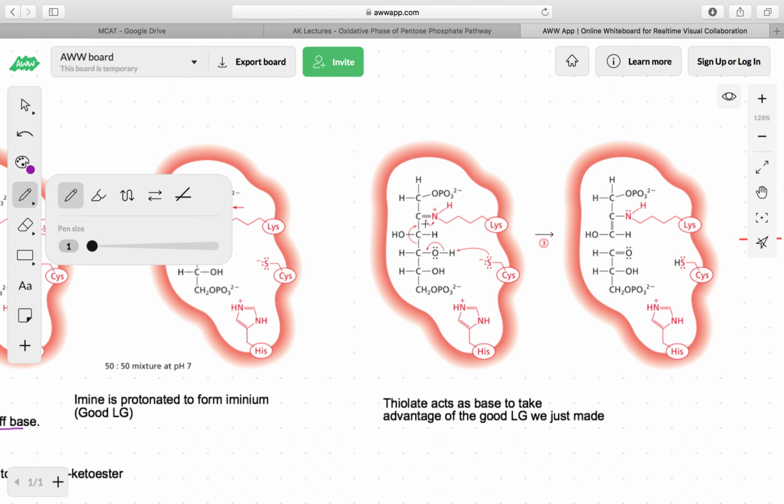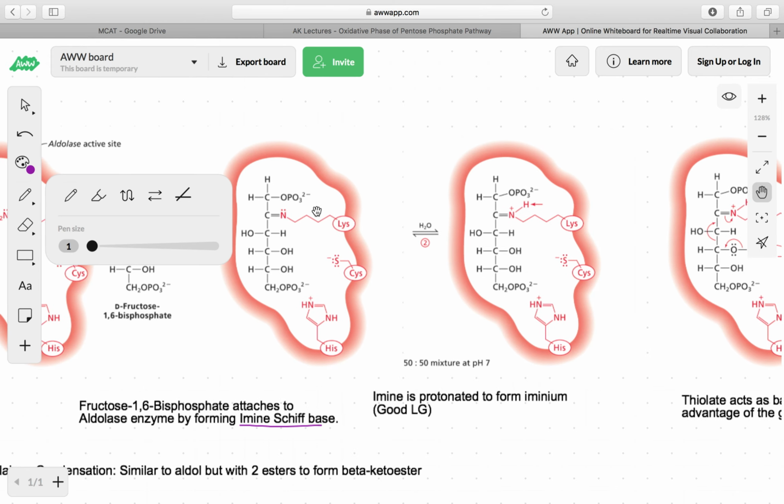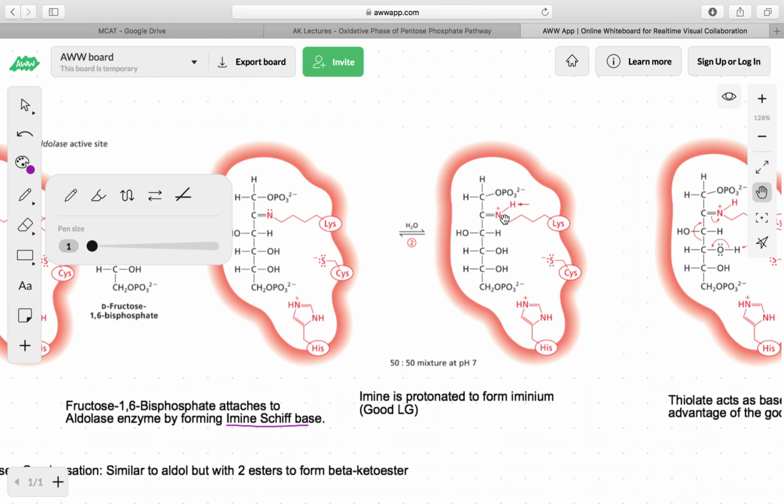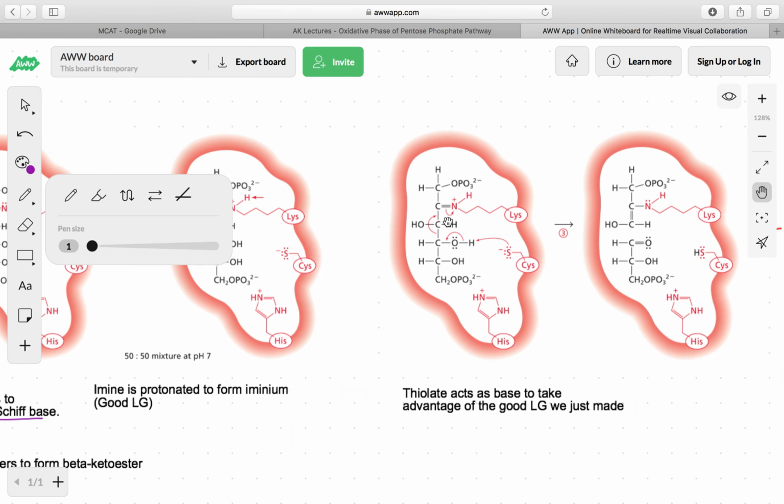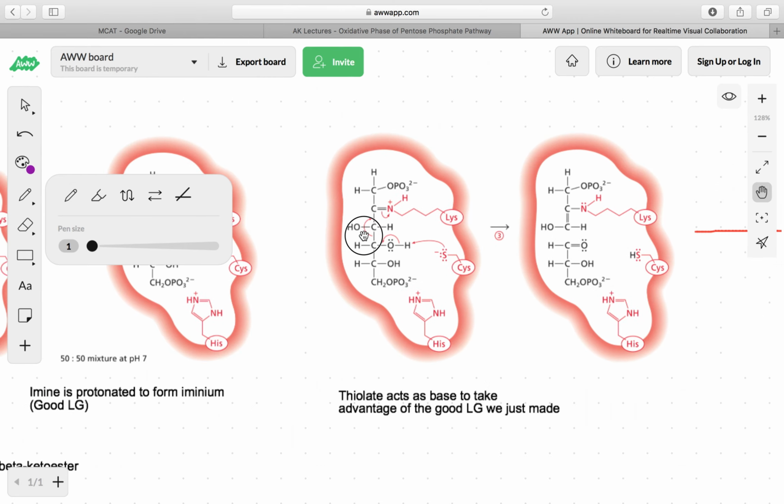So this is taking advantage of that good leaving group we formed because we're pushing up this pi bond. Although we're not kicking this entire group off, we're still causing it to quote-unquote leave because this pi bond is being kicked off. So the point of forming this iminium cation was so that we can do an elimination reaction.